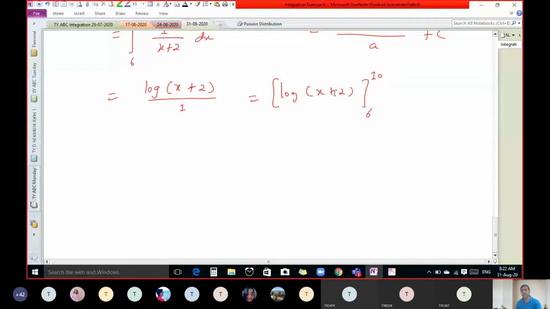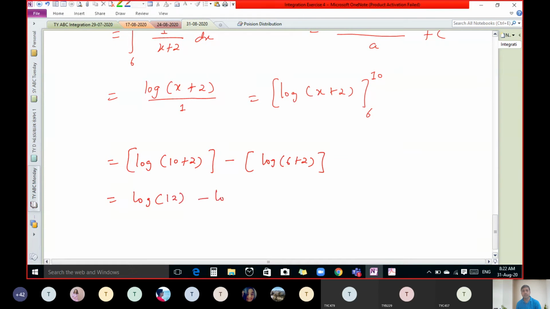So it is 10 plus 2, that is 12. So we get log 10 plus 2, that you have to write in one bracket. Now you have to write 6. So log 6 plus 2, that is in second bracket, and you have to write minus sign. And 10 plus 2 is 12, minus log 6 plus 2 is 8.